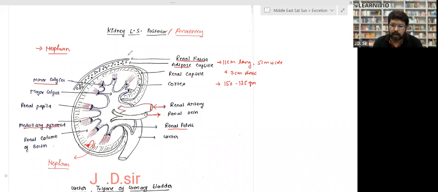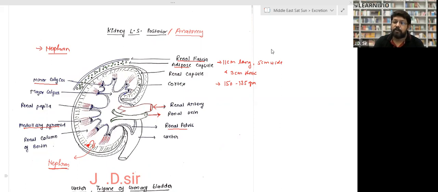This outer covering is called the capsule. Inside there are some small structures, and we call this structure nephrons, right? So nephrons are the small units which help in the filtration of the kidney. Every kidney is made up of millions of nephrons.